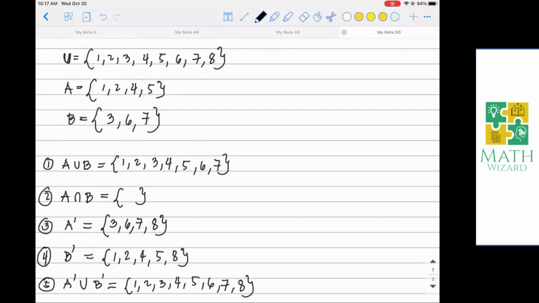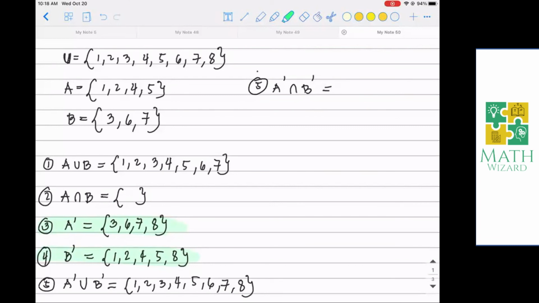Let's have number 5. For number 5, intersection of A complement and the B complement. Ano yung intersection nila? Or common between, lalagyan ko ulit ng highlight, ano yung common between the A complement and the B complement? So, ang titingnan lang natin sa intersection, yung common.